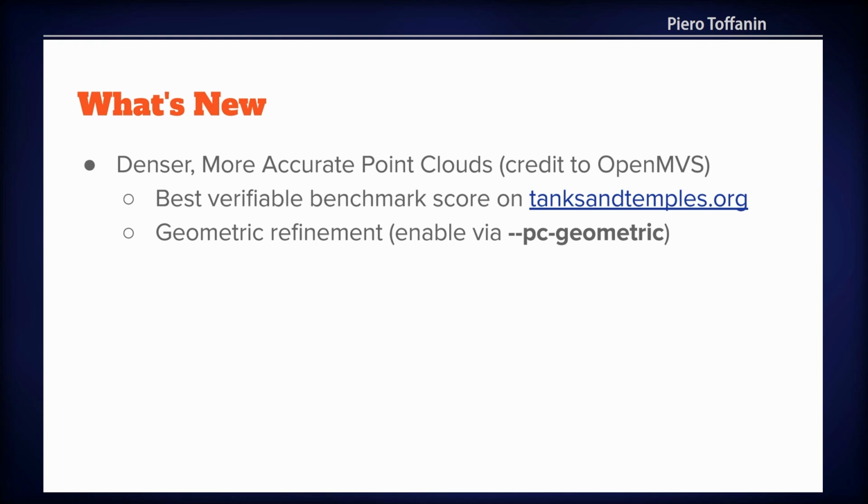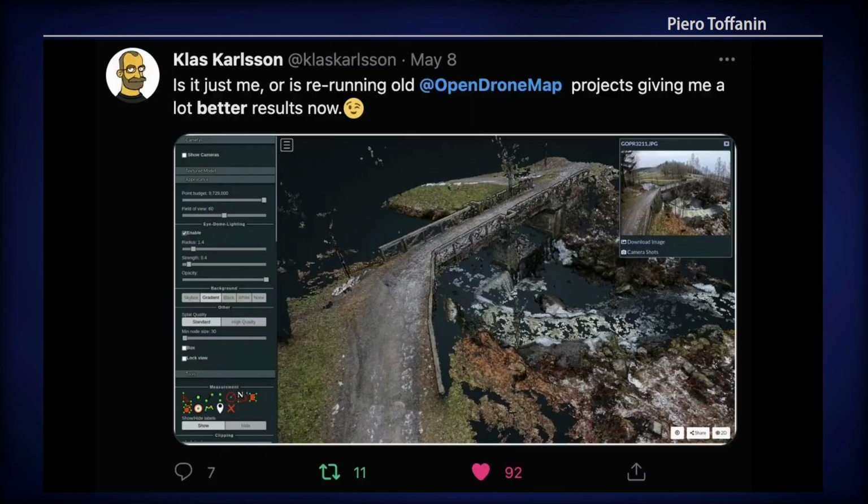So very, very cool in that regard. And you also have a new option called PC Geometric. Turning it on will definitely improve all of your reconstructions that involve the presence of buildings, so man-made structures. It will really fine-tune and sharpen the point cloud edges to show those geometries. And the people noticed.